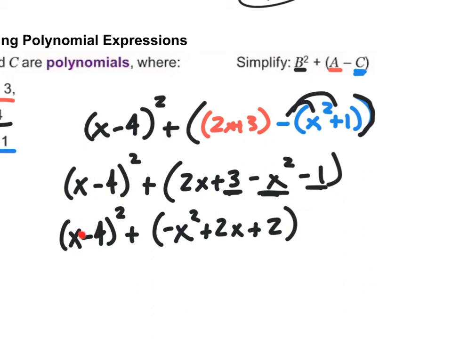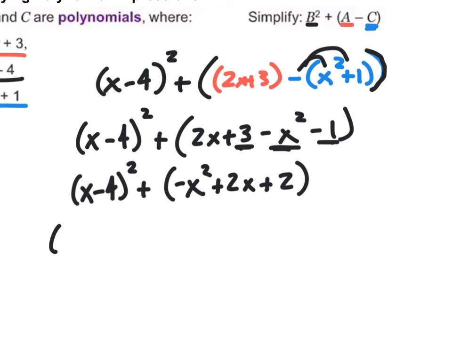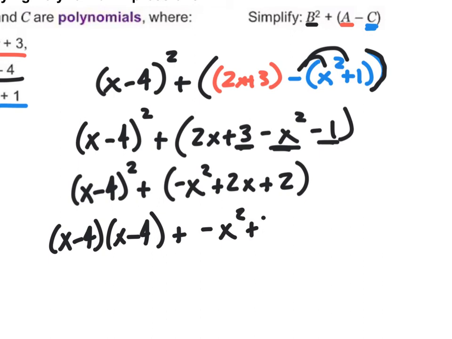And same thing here. Now I need to do my exponent, all right? So I'm going to rewrite this as x minus 4 times x minus 4, and then plus, because I'm adding this, I don't really need the parentheses, but I'm going to put a negative x squared plus 2x plus 2, okay?